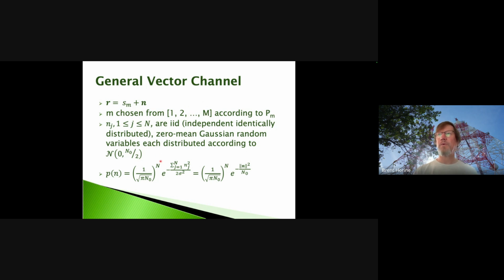If we have n of these, so this is a vector, and they're all independent with the same distribution, then our joint probability is the product of all of these.